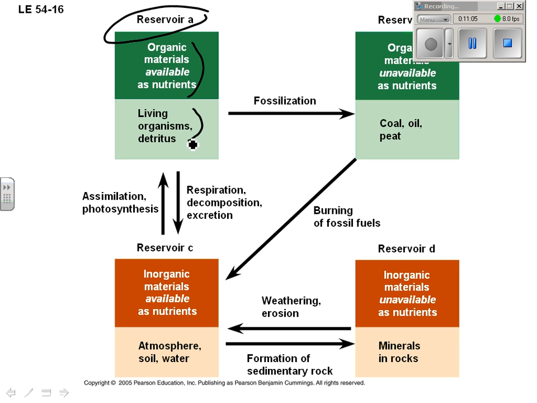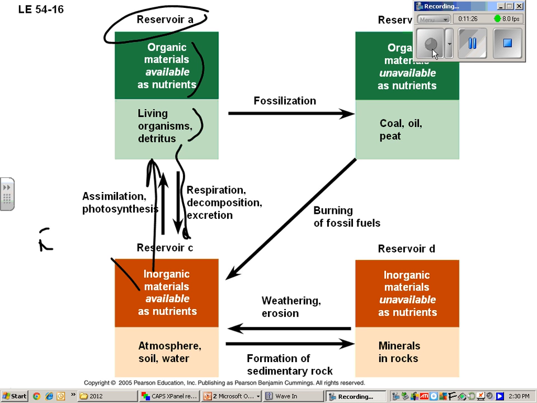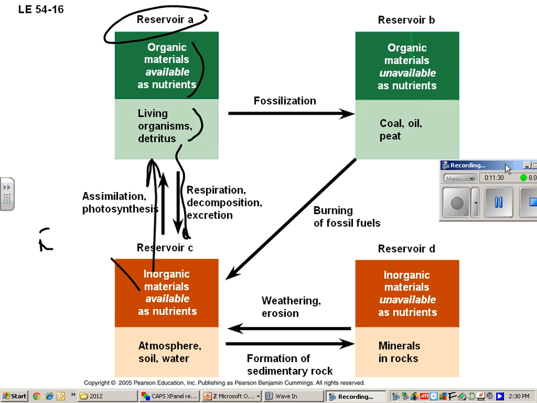Well, some of them get eaten, or they eat, they decompose, they excrete, and so they break apart into inorganic materials. You get the iron, you get the phosphorus, you get magnesium, you get carbon, you get nitrogen. Okay, organisms can take those in. So there's this back and forth pathway between reservoir A and reservoir C.